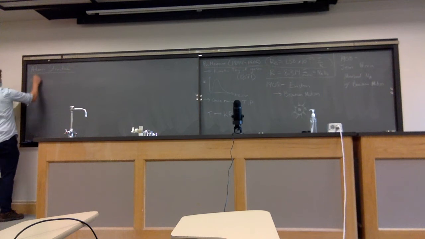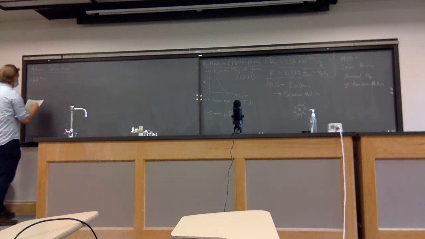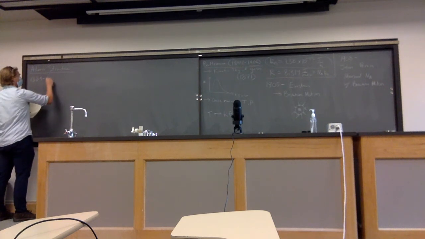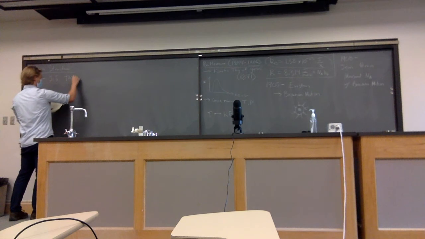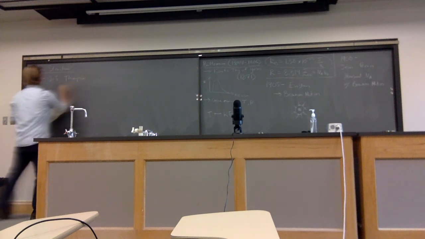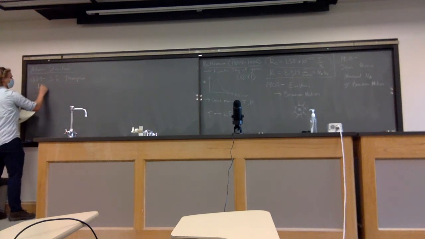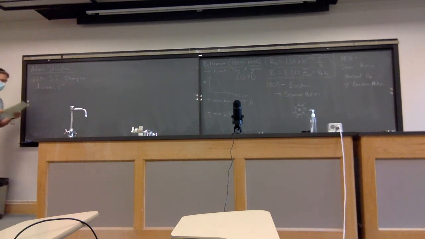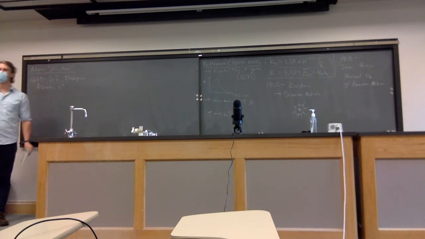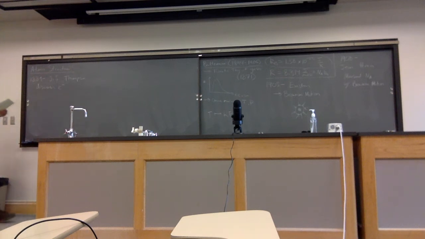In 1889, sort of coinciding with similar developments, J.J. Thomson discovers the electron. So this was done by using a cathode ray tube to deflect a beam of electrons.